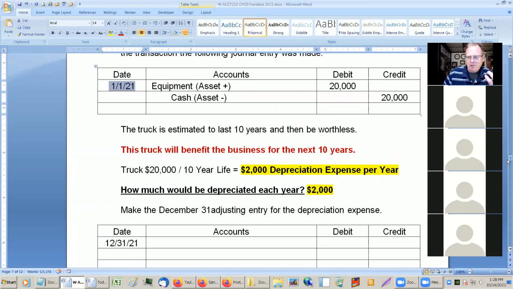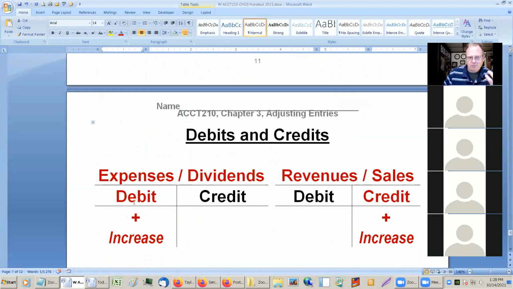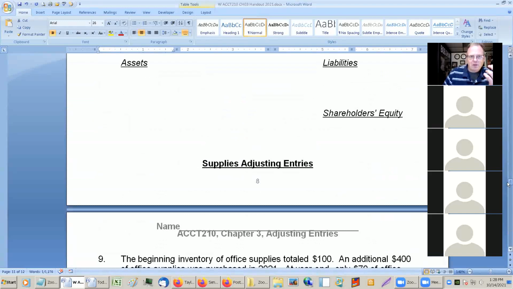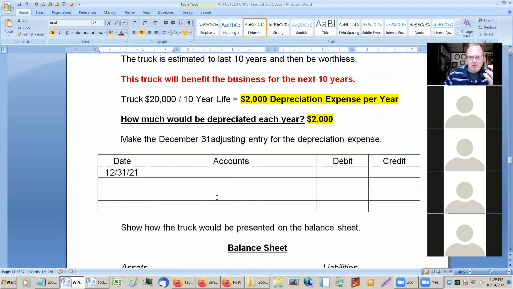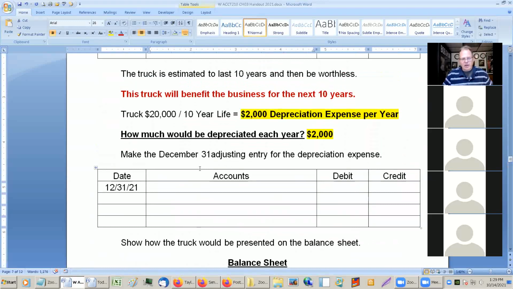Expenses are always debits. Yep. So we're going to have probably equipment. You could also put it in as truck. That's fine too.